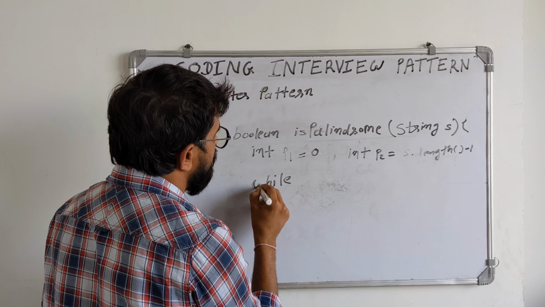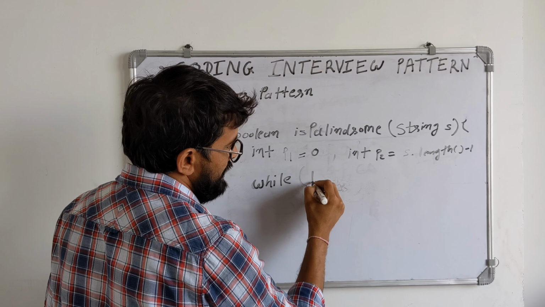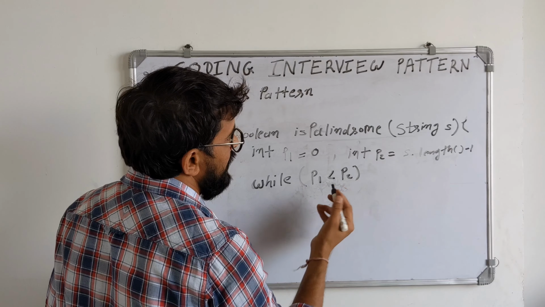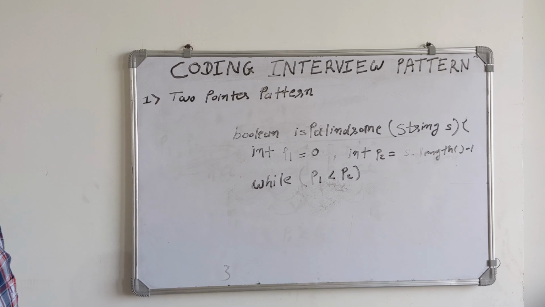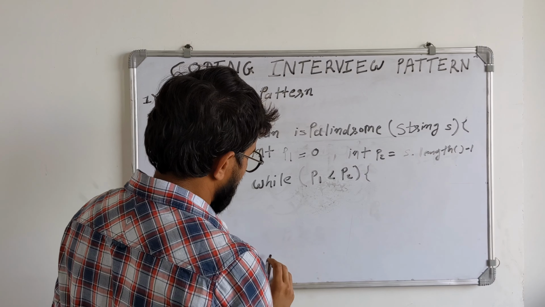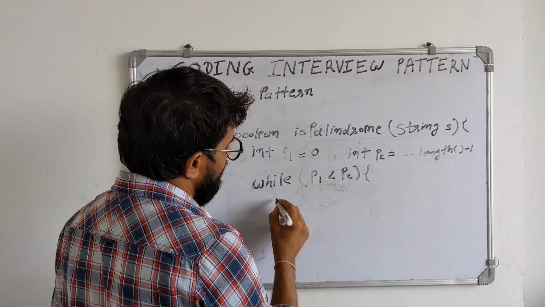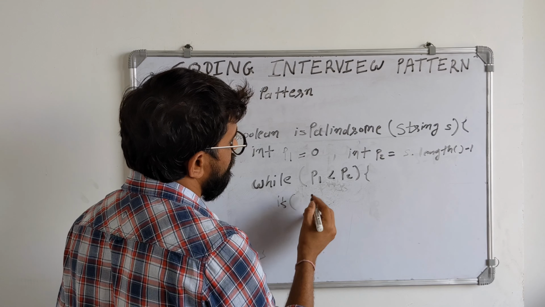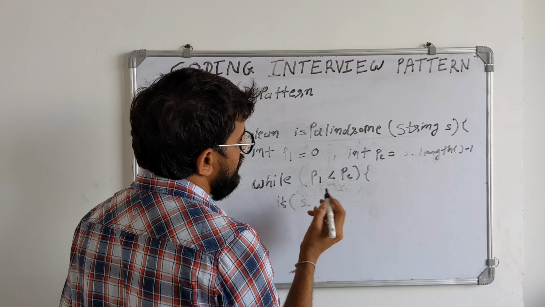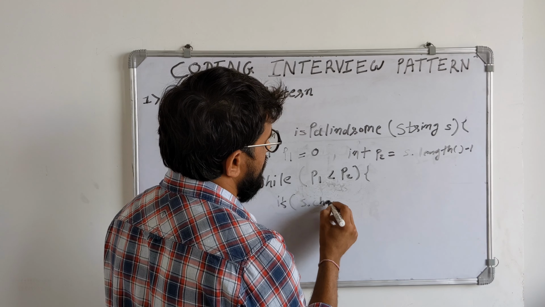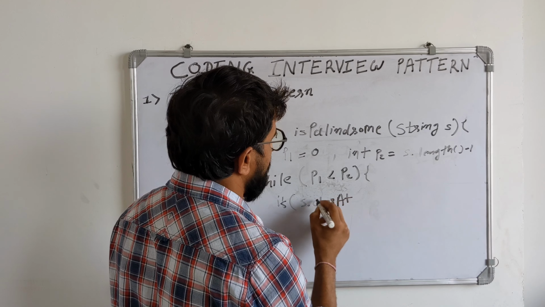We'll add the while loop: P1 less than P2. Till they are crossing each other, we'll keep comparing. In this while loop, we will say if this string, Java has the method charAt, to see a character at a specific index.